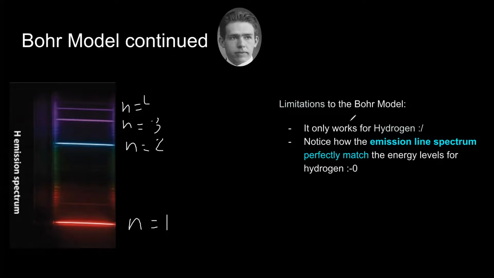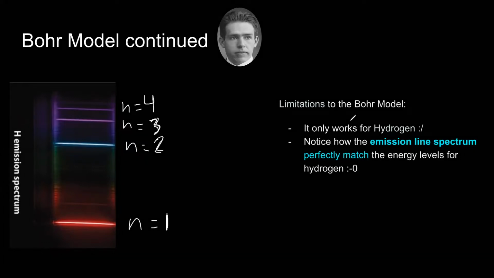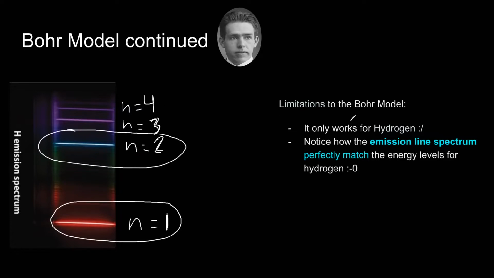So n equals 4, n equals 3, n equals 2, and n equals 1. This is because every time you shine a light or energy at a hydrogen atom, it can only emit light at these frequencies. So every time hydrogen emits energy, it's going to be quantized. It's going to be either this one, this one, this one, or this one.